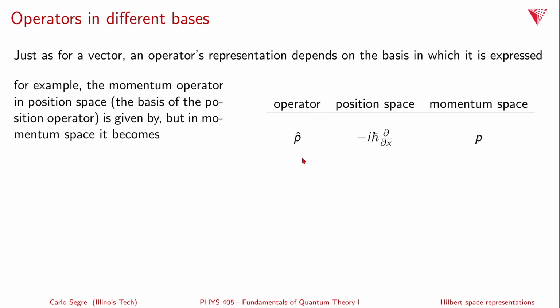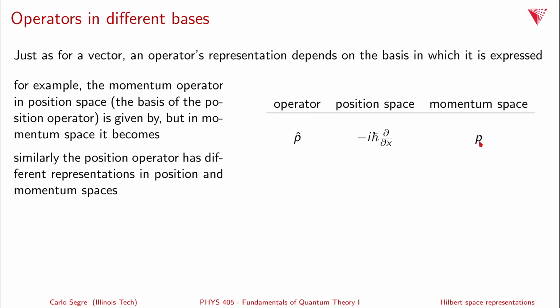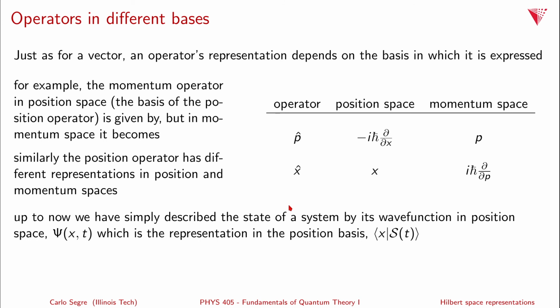But in momentum space, this just becomes p. Very simple. Similarly, the position operator has different representations in position and momentum space. So in position space, it's just x. But in momentum space, this operator becomes i h bar partial with respect to p, in analogy to the one for the momentum in position space.